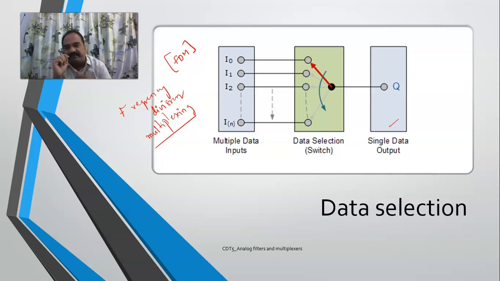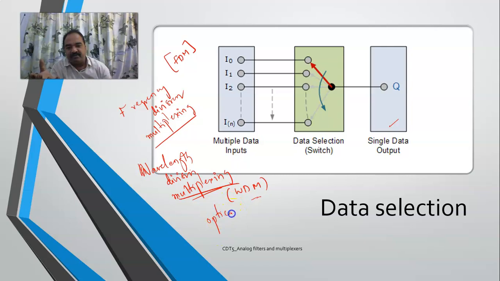This is one mechanism. And the other one is wavelength division multiplexing, WDM. It is just like having signals of multiple wavelengths in your optical fiber.